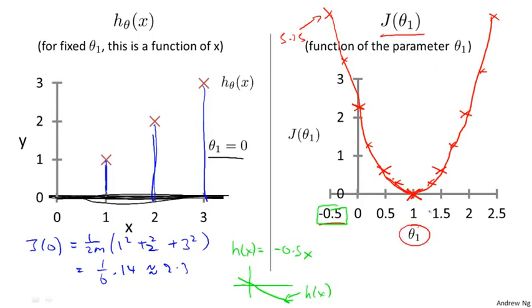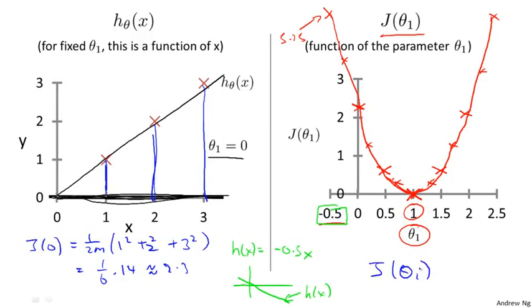To recap, each value of theta 1 corresponds to a different hypothesis or to a different straight line fit on the left. And for each value of theta 1, we could then derive a different value of J of theta 1.